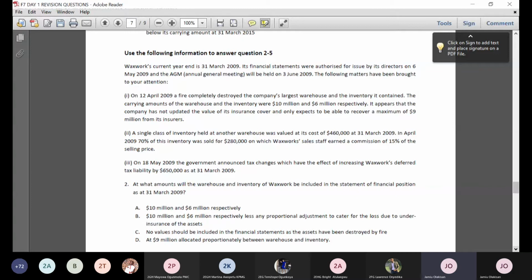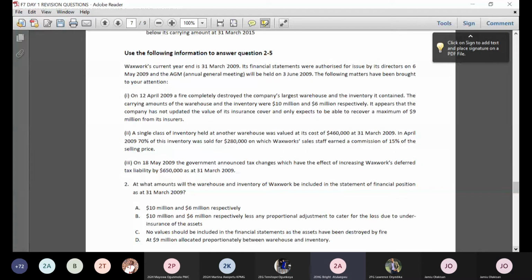Okay, can you go ahead and read? I love the questions here. I love that. The current year end is 31st March 2009. The financial statements were authorized for issue by the directors on 6th May 2009, and the AGM will be held on 3rd June 2009. The following matters have been brought to your attention.